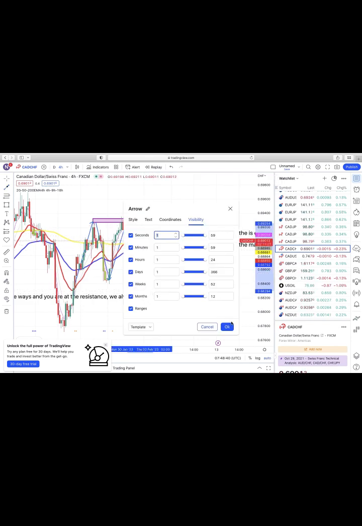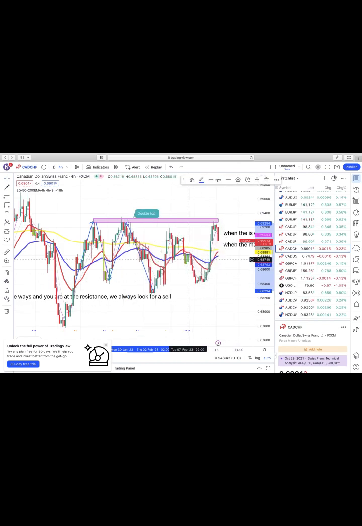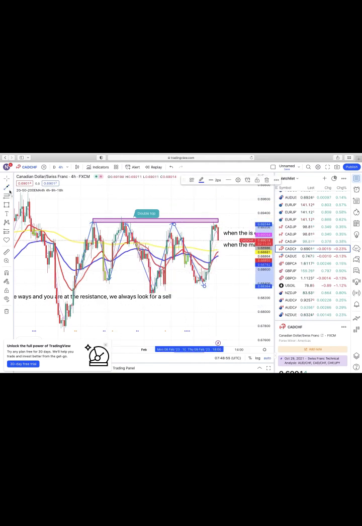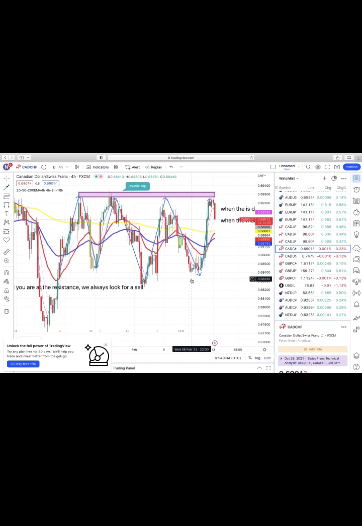You can confirm. Then a low, high, as you can see. Then a high, low. Then a low, high. This is what we mean by the market structure.